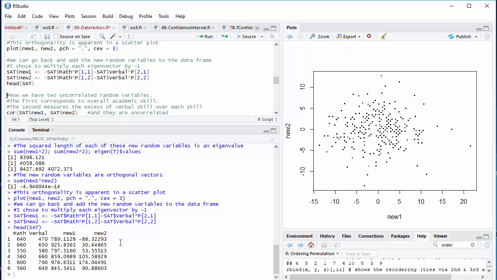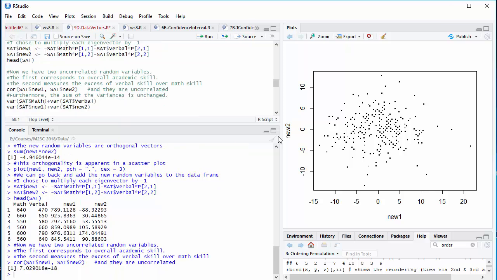I say the most important thing, most important because it accounts for about 2/3 of the variance, is something that is very close to the sum of the 2 scores. And then I supplement that with something that accounts for about 1/3 of the variance, which is basically related to the difference in mathematical and verbal skills.